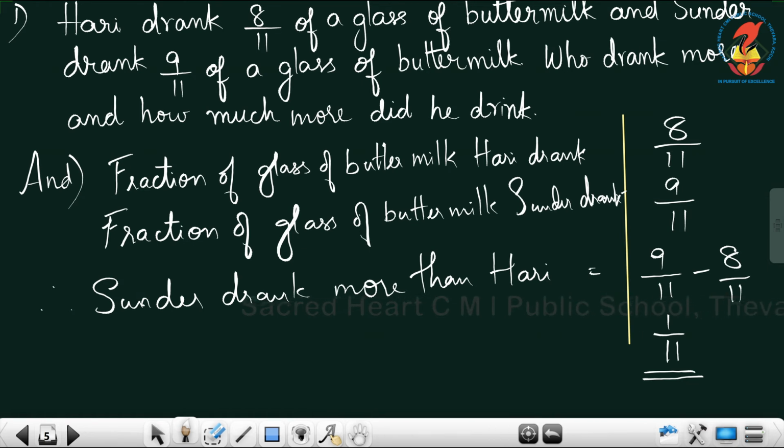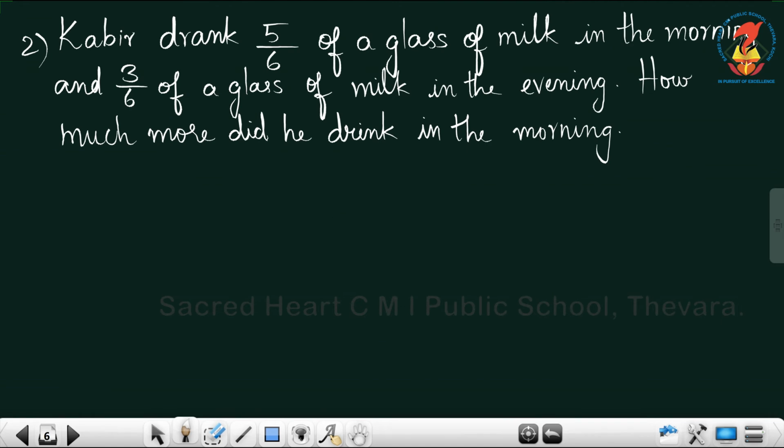Now, let me move on to the next question. Second one, Kapi drank 5 by 6 of a glass of milk in the morning and 3 by 6 of glass of milk in the evening. How much more did he drink in the morning? Now, let's see.